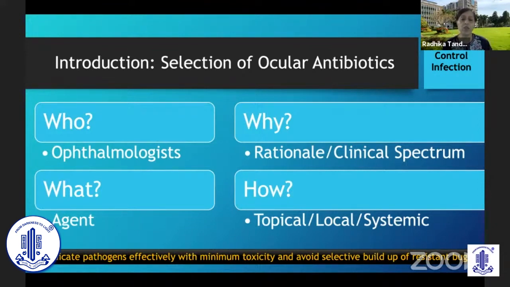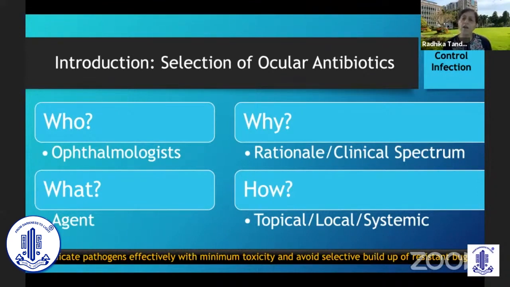Basically, the goal is to eradicate the pathogens effectively with minimum toxicity and avoid selective buildup of resistant bugs. We do understand the concept of survival of the fittest, and microorganisms are no different from the rest of us.